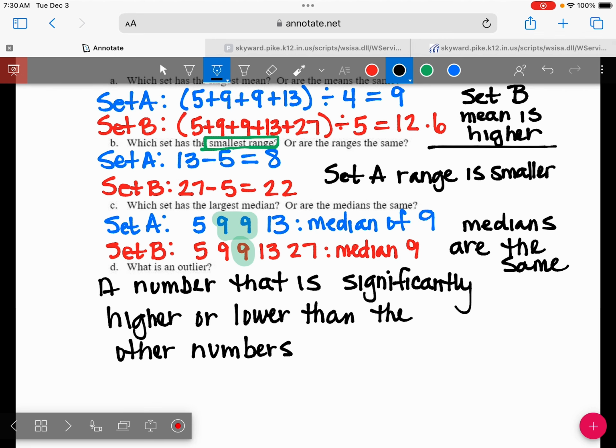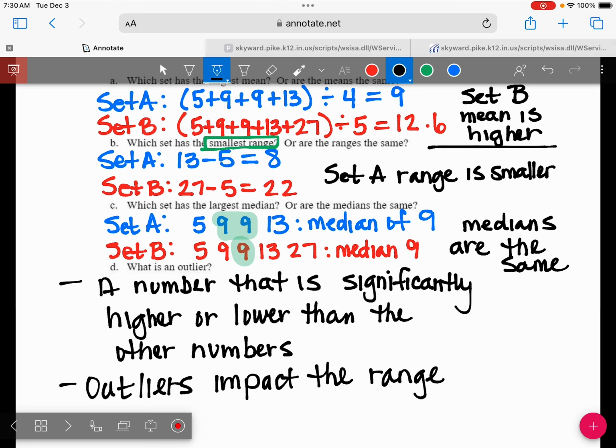So when we look at this, notice that when you have an outlier, and I know I'm writing a lot, you just got to squeeze it in there. Outliers impact the range and mean the most.